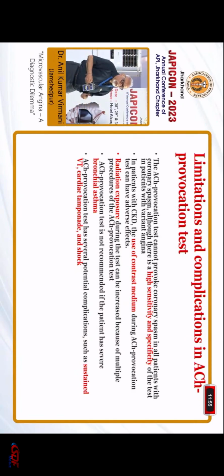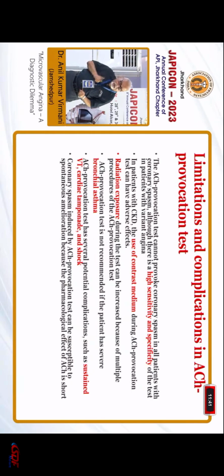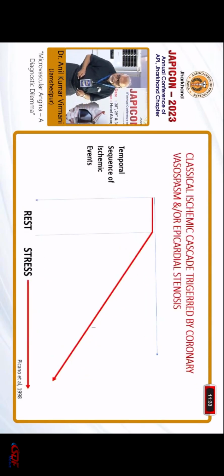So the majority of interventional cardiologists don't want to touch this area. For them, just doing an angiography is their bread, butter and jam. They are happy with that. That is the problem. But in good centers and in good hands, it is a safe method and it can be performed carefully.